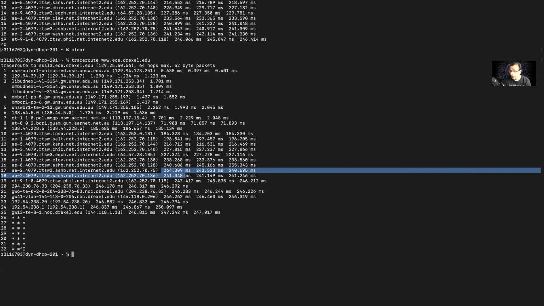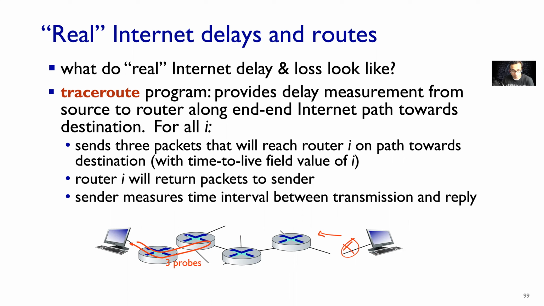By queuing here, we mean, remember these packets are being sent at different instances, right? Let me go back to the slide. We send 3 probes, we do the measurement, then we send 3 probes a little later. So what's very likely happening is the probes that were sent to the further hop experienced lower queuing, because the amount of packets in the queues is very dynamic.